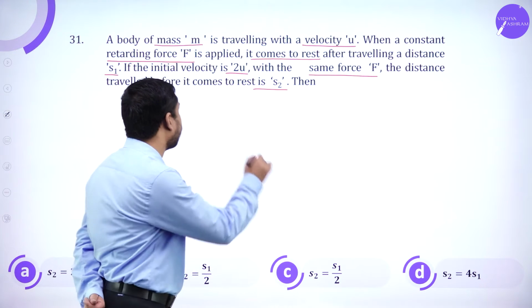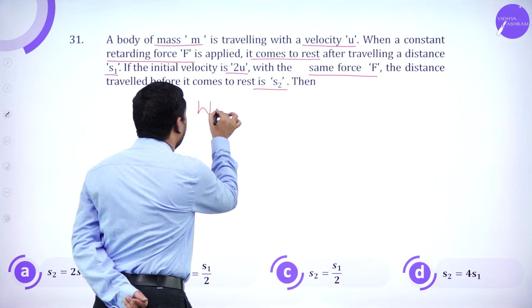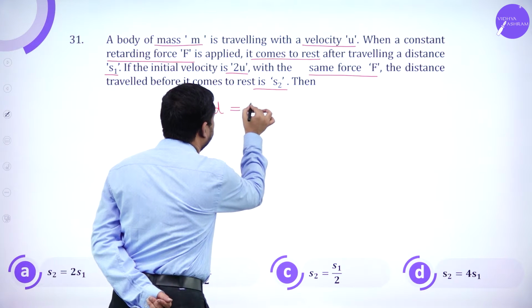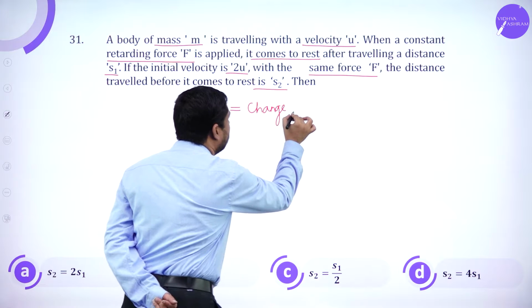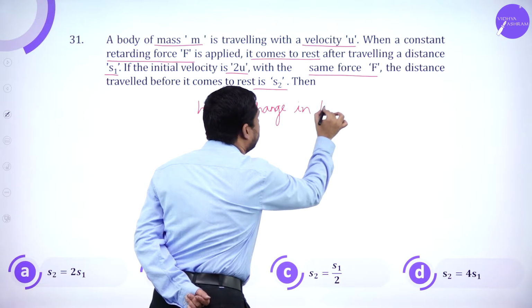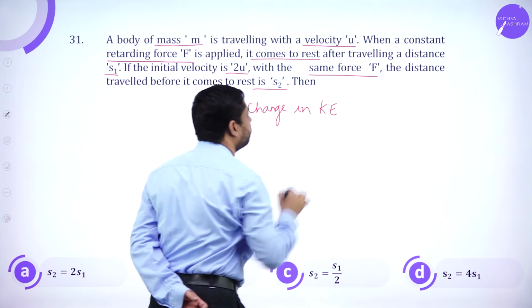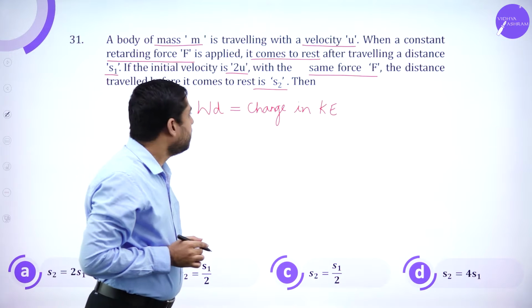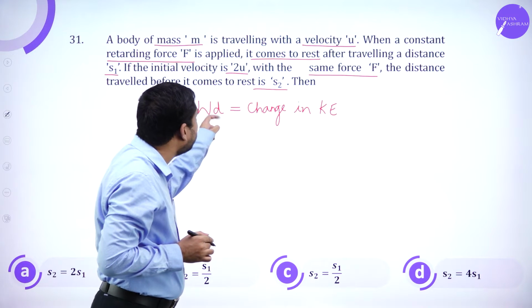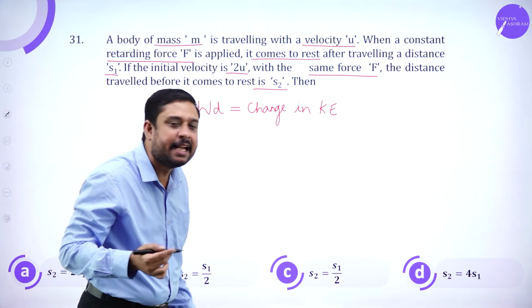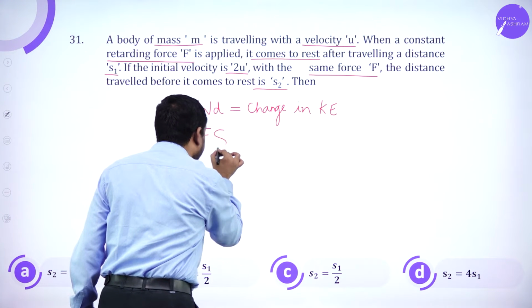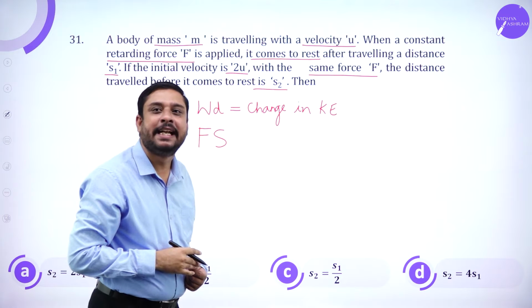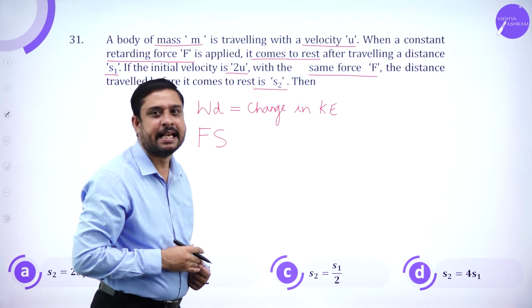Very simple, students. Again, work done is change in kinetic energy. Now, how do I relate work done with force and distance? We know work done is force into distance.